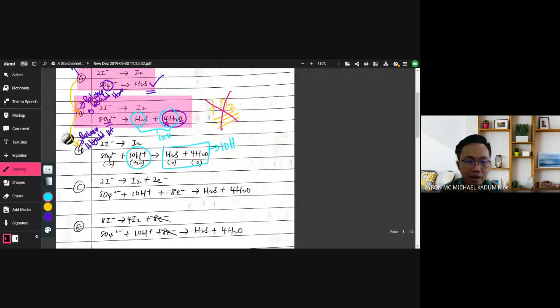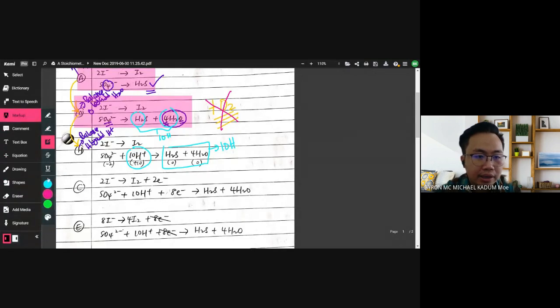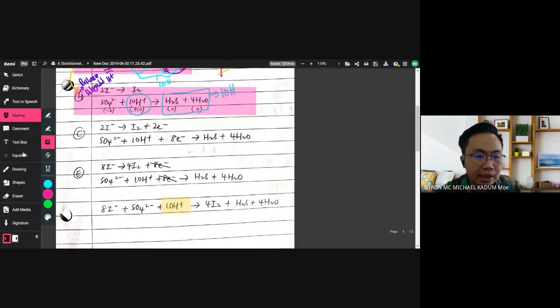Kalau sudah pakar, sudah boleh buat ini di kepala kamu, yes, you can do that. Tapi before you are pakar of doing this, buat dulu step by step, salin balik. It will be worth it, okay? Now, yang ini pun kita sudah selesai sebenarnya. Ini sudah balance. And then baru kita move on pergi C.